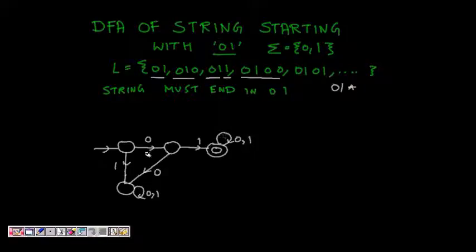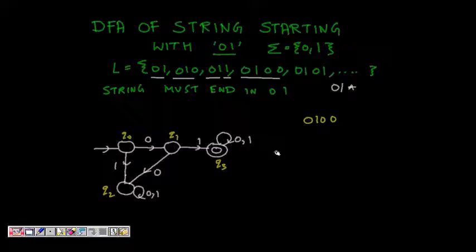So for each state, 0 1 is done: 0 here, 1 here, and 0 1 on the accept state. For each state we have now defined transitions for both symbols. Let's take some examples and work them out. Take the string 0 1 0 0, and let's name the states: this is Q0, this is Q1, this is Q2, and this is Q3.